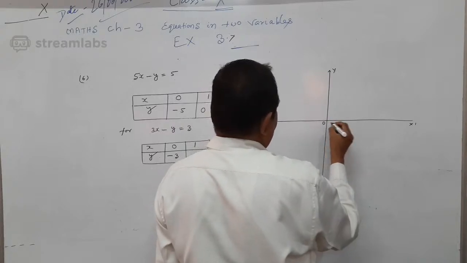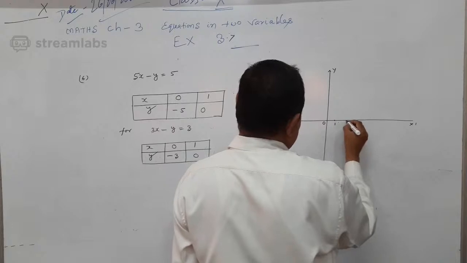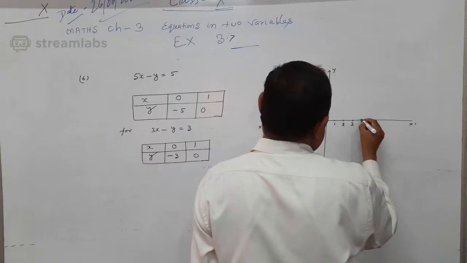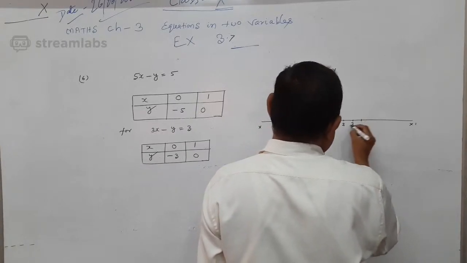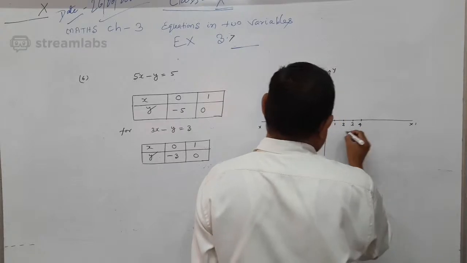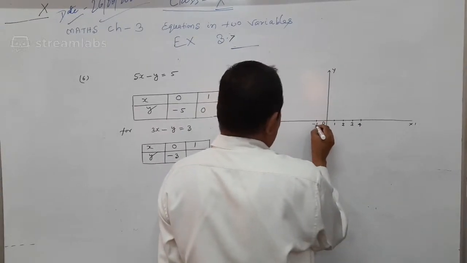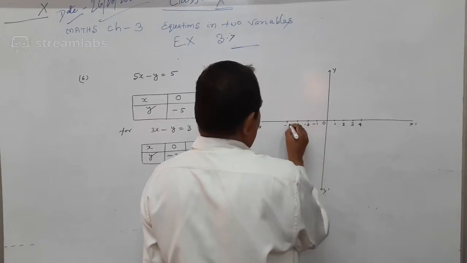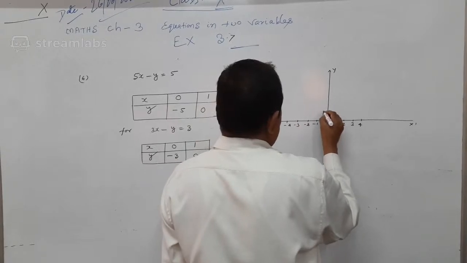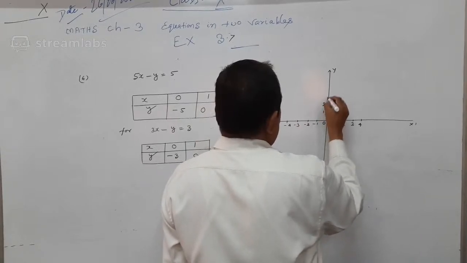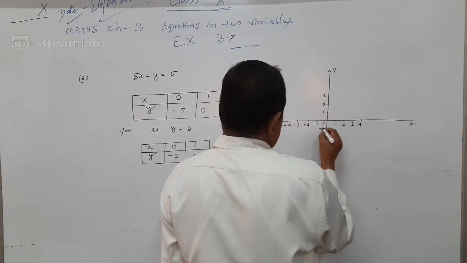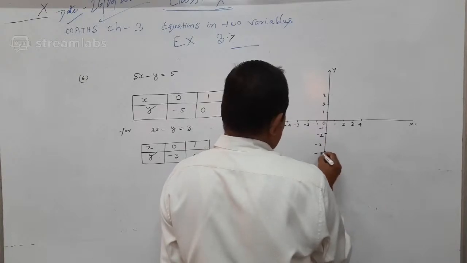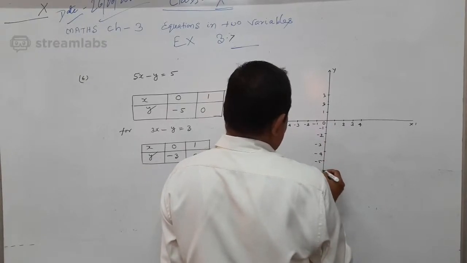This is origin, and at equal distance take positive numbers right of origin and left of origin, all negative integers. -3, -4, -5, -6.